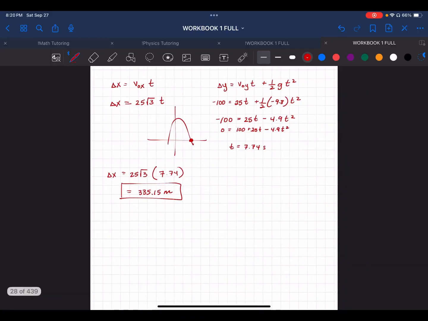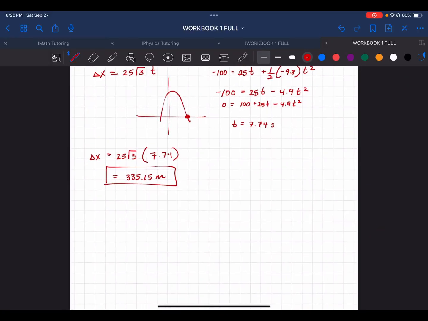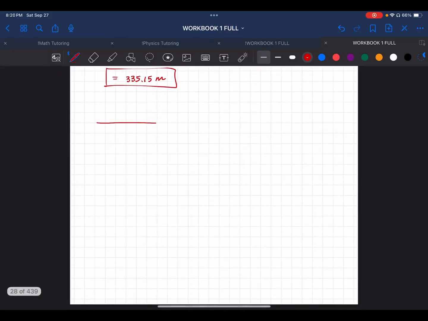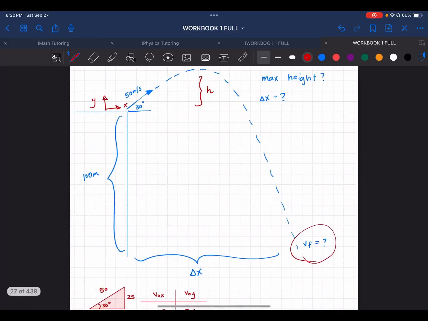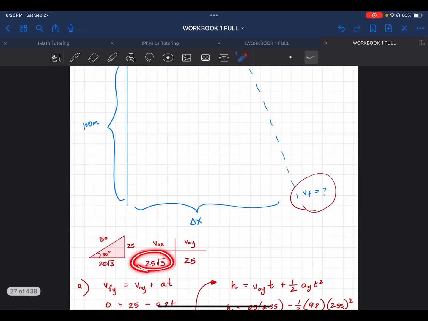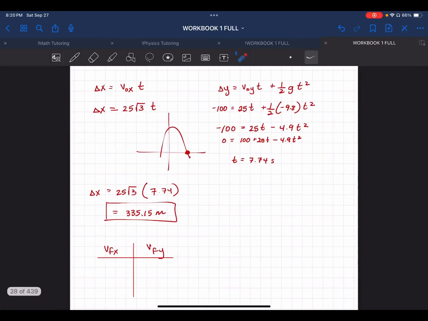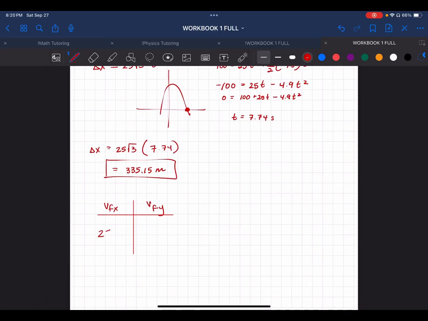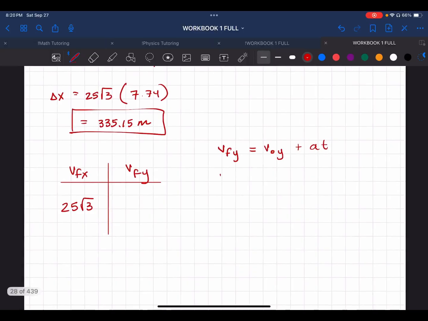Okay, now the final thing is this one. I need to find the final velocity. How do I do that? Since there's no acceleration in the x, this will stay the same. Nothing has changed in the x, so the only thing I need to find is the y. I use this equation to find the y velocity: vfy is 25 minus 9.8 times 7.74.